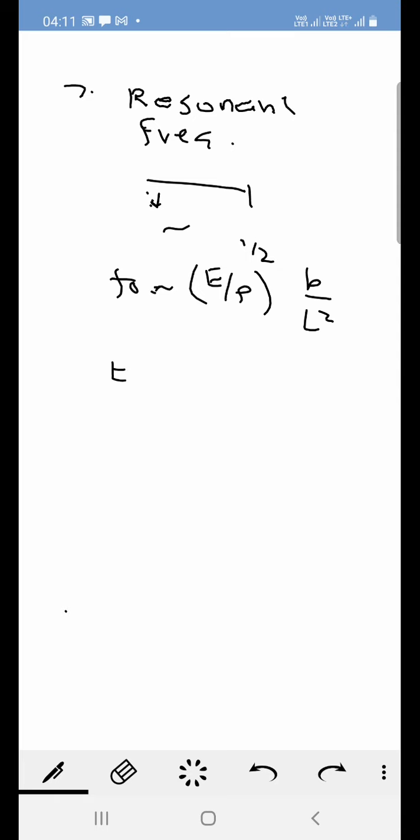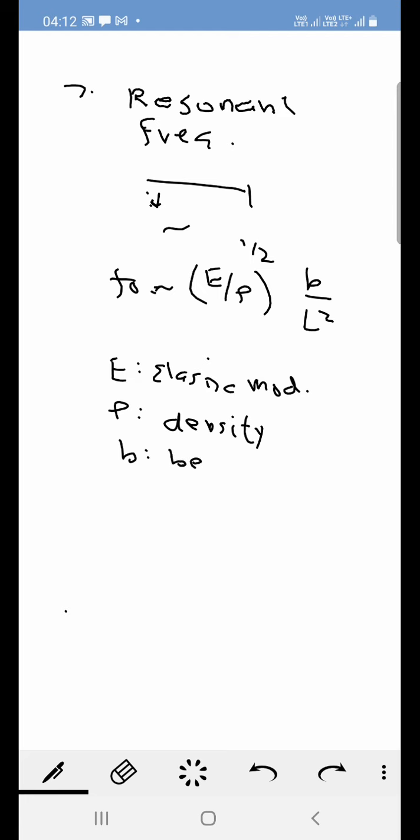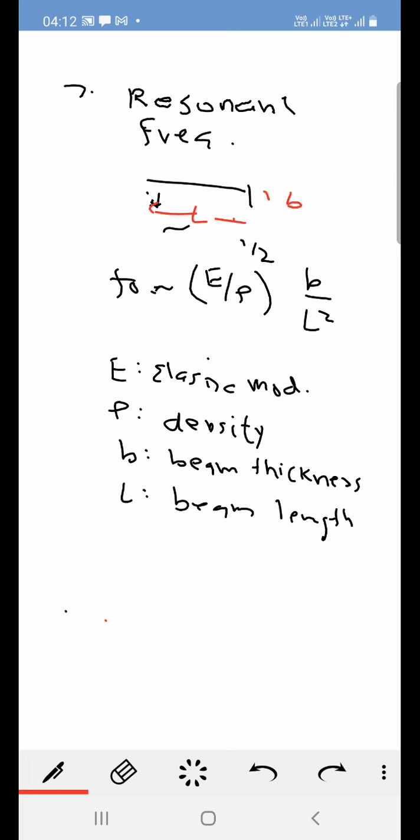E is the elastic modulus, rho is the density, B is the beam thickness, and L is the beam length.